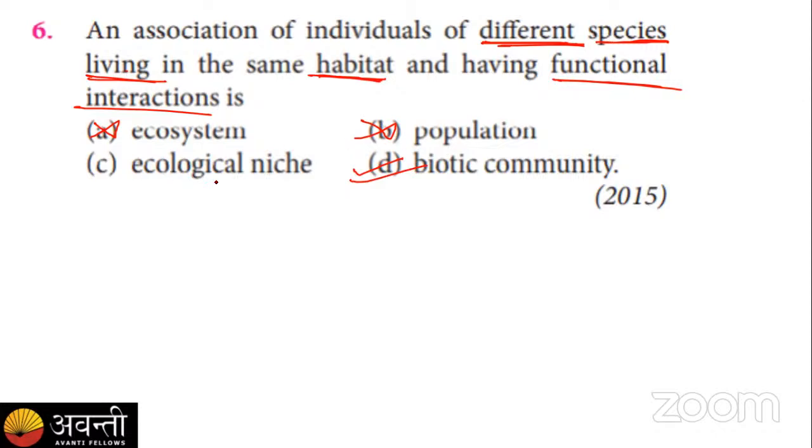Now the last one says the ecological niche. The term is niche, and niche is only the place where functional interaction takes place. There is no habitat present, right? So option C is also not correct. So the option which is left here is D, the biotic community. Okay.